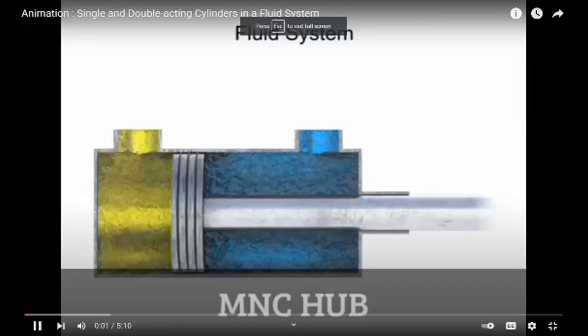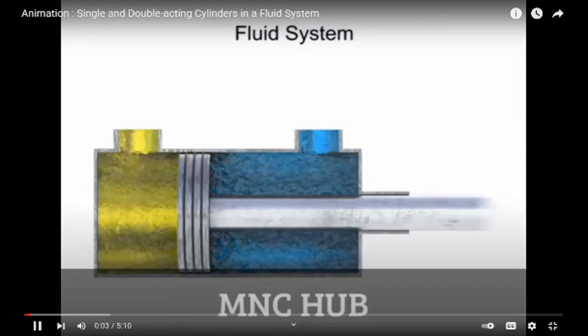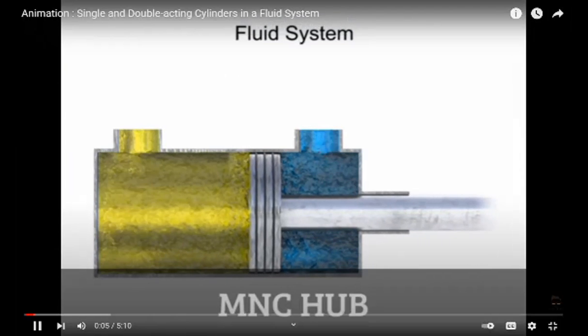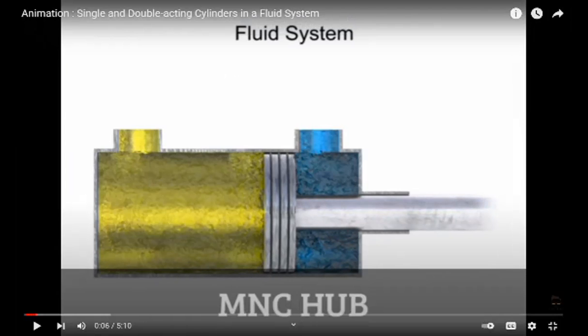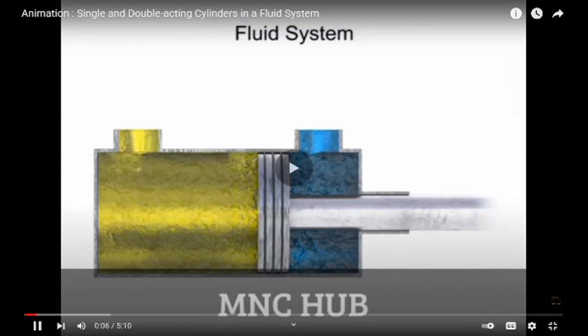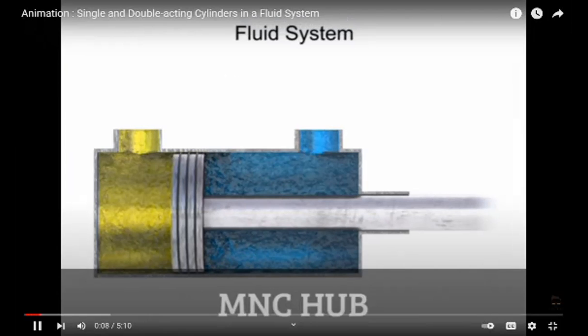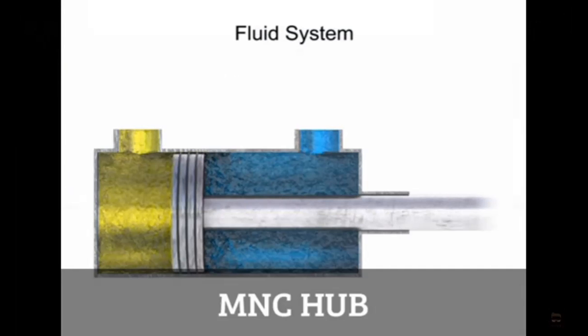The purpose of a fluid system is to transmit power from one location to another. Fluid power is converted to mechanical power by means of an actuator.